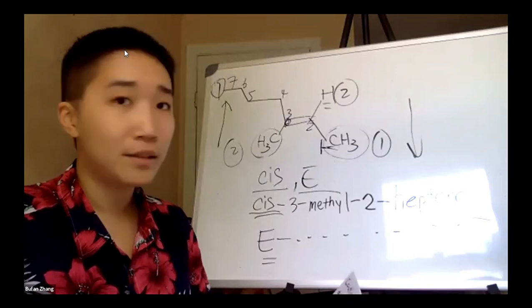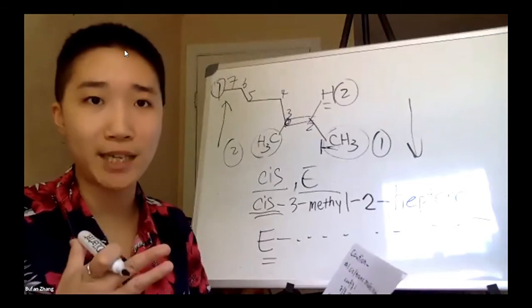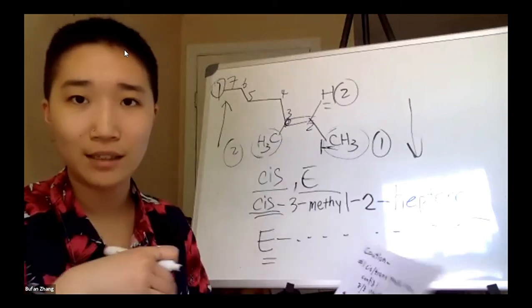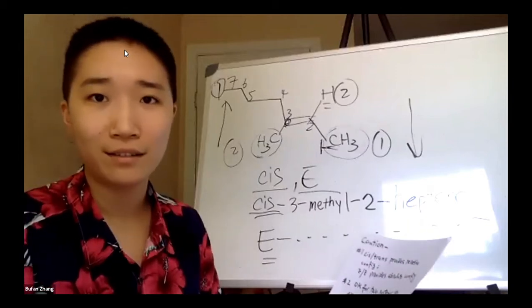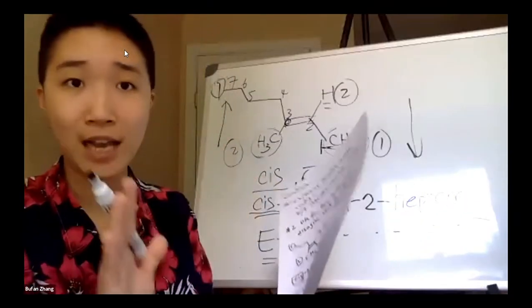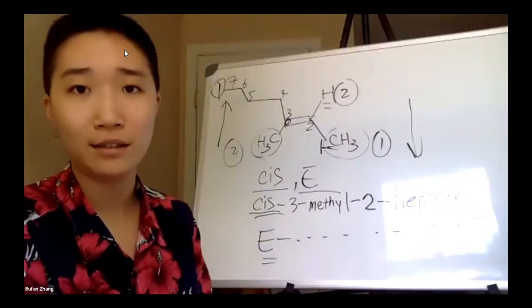When you're naming, when it's a substituent, you alphabetize it. By substituent, I mean things coming off of the main chain. Whereas this heptene is the chain itself, so you don't alphabetize it. Okay, thank you. You're welcome.